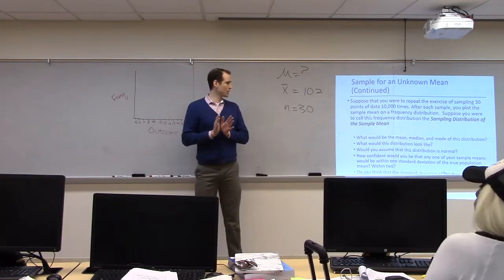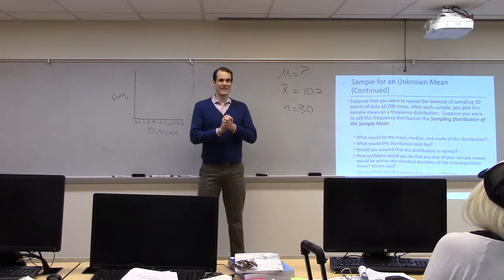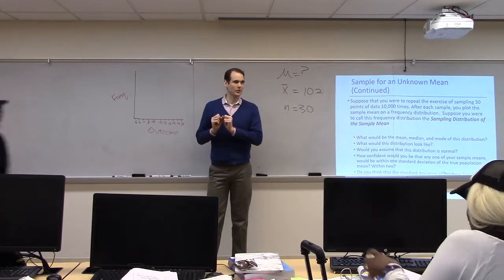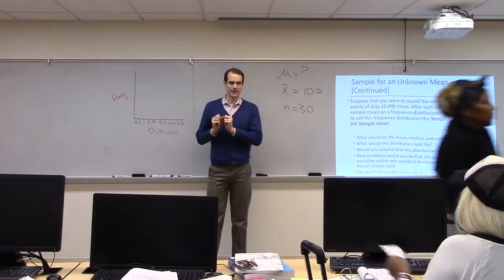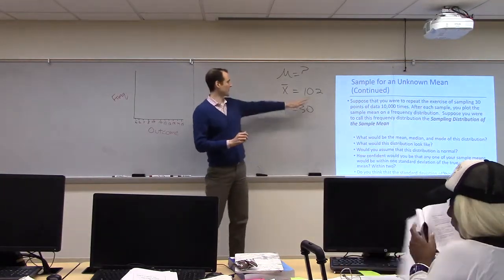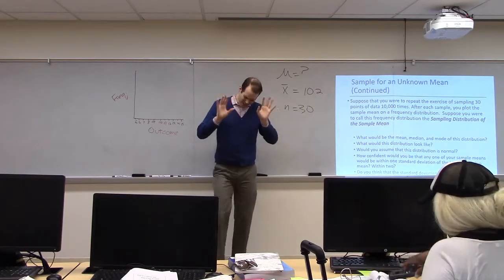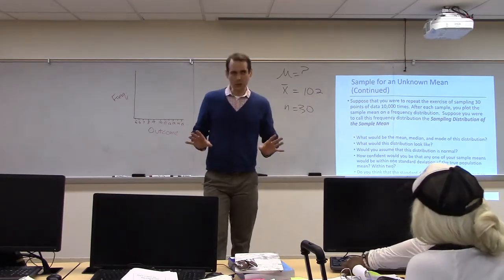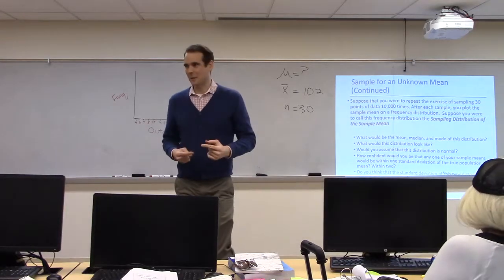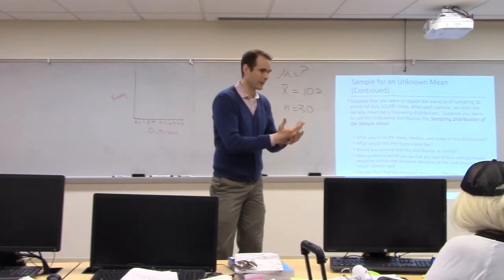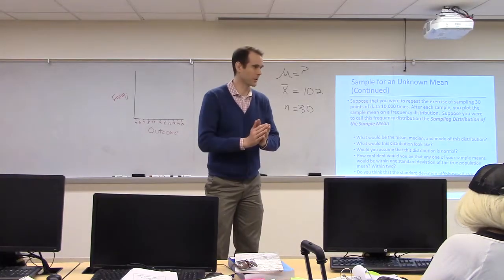Suppose you were to take a sample of 30 students and ask how many times your coin flip experiment came up heads. You write down that number; the first time you get 10.2. Suppose, just in theory, you were to do that many, many times. You take a sample of 30 students, calculate the mean, write it down, throw those 30 students back.